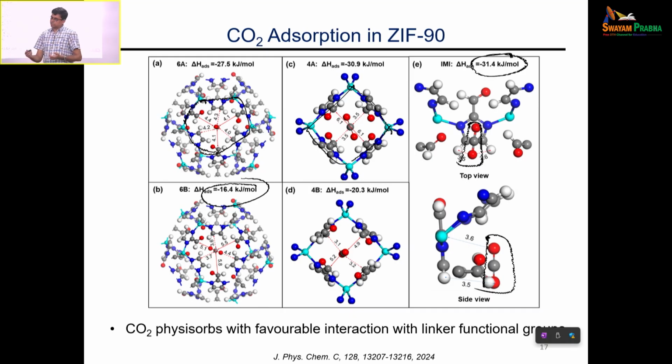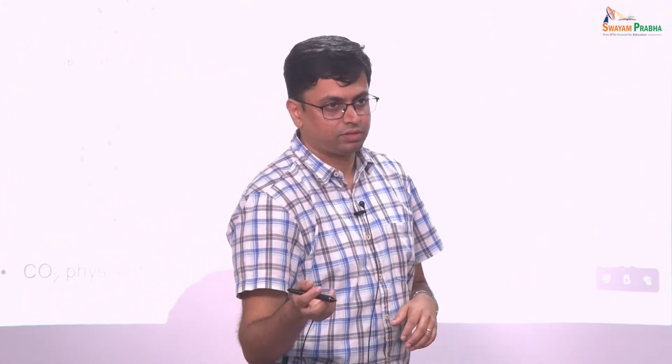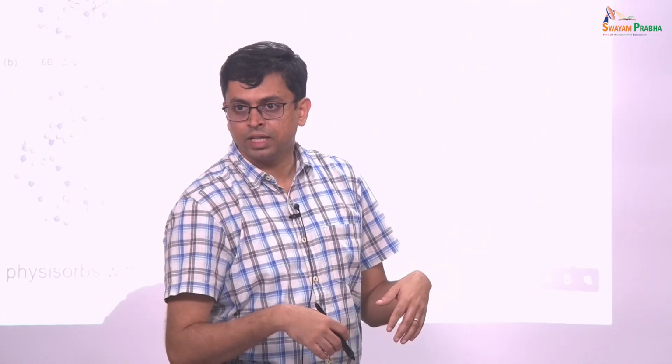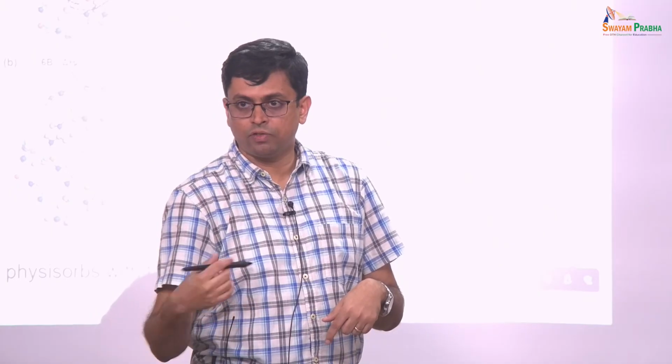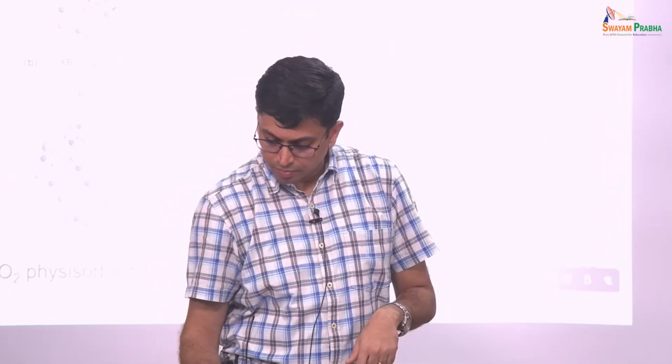Now, if you know this, and you need to design materials, what do you need to do? You do not need to change your metal, you need to figure out what organic linkers can interact more strongly with your CO2. What functional groups in your linkers will change the adsorption? I do not have it on the slide. So, you have a CHO group here.